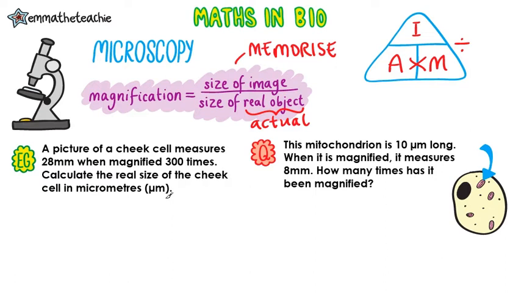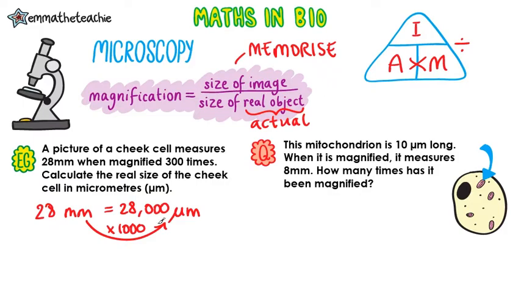So we're going to make sure that the units are the same. What we're going to do is turn these millimeters straight away into micrometers. So 28 millimeters, we need to turn it into micrometers. Do you remember the conversion? Yeah, it's just times by 1,000. So we're going to have 28,000 micrometers.